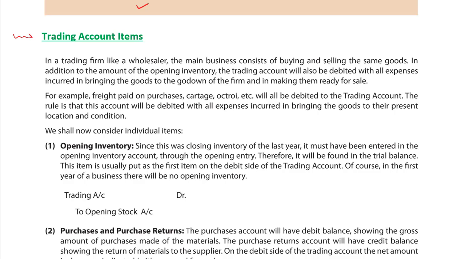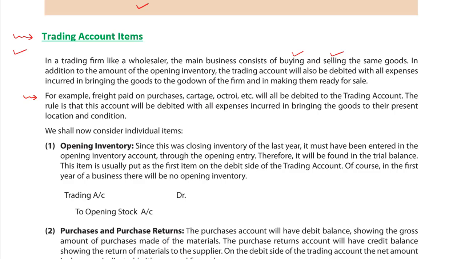Trading account items. In a trading firm like a wholesaler, the main business consists of buying and selling of same goods. In addition to the amount of opening inventory, the trading account will also be debited with all the expenses incurred in bringing the goods to the godown of the firm and in making them ready for sale.